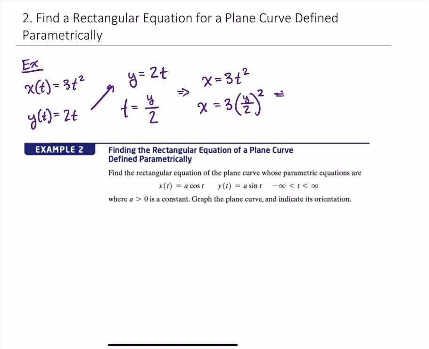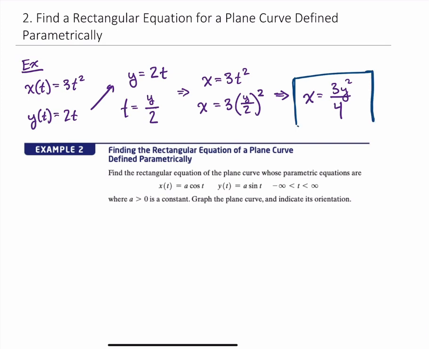So that gives us this statement, x will equal 3 times y squared over 4. Which makes sense because we saw a sideways parabola, so we should expect that y would be squared and that x would be to the first power. So this is called eliminating the parameter.